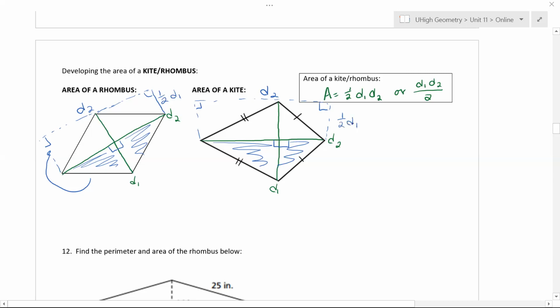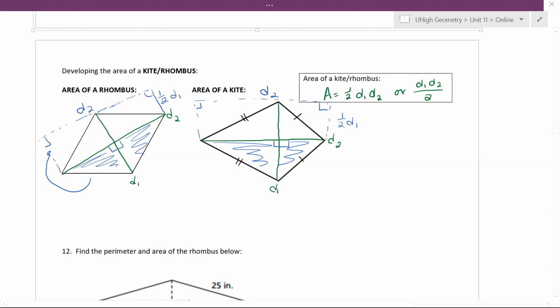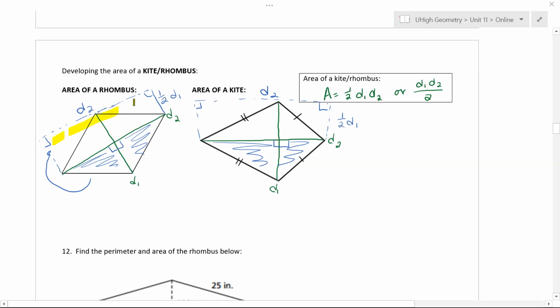So if I'm looking for the area of these new rectangles that I created, both here and here, what I can do is I can do my 1/2 diagonal 1 times my diagonal 2, because that's the same as doing my length times my width.